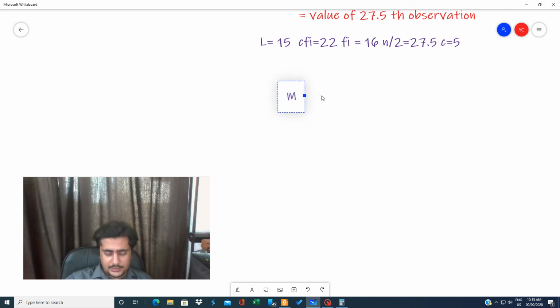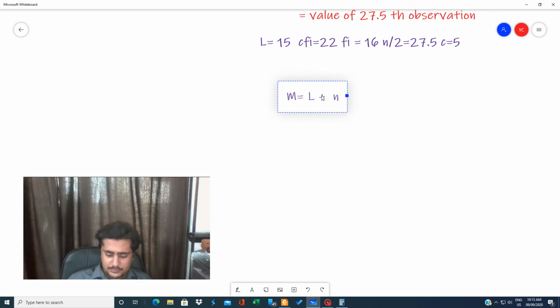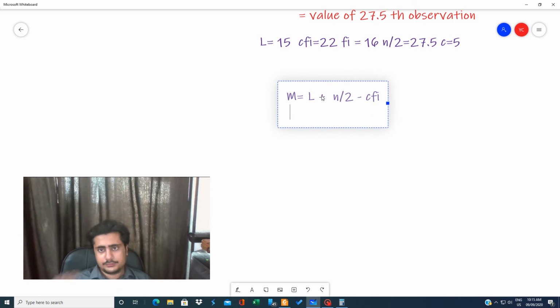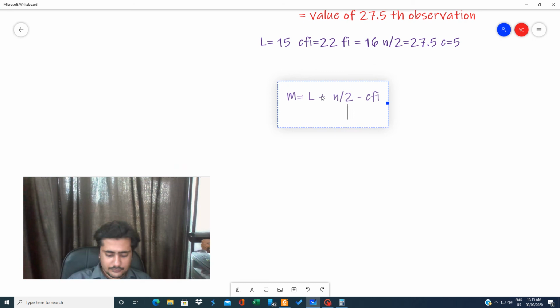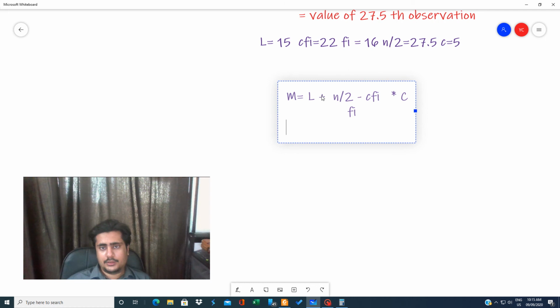Your median is equal to L plus (n by 2 minus CF) upon f into C. Now what is L?